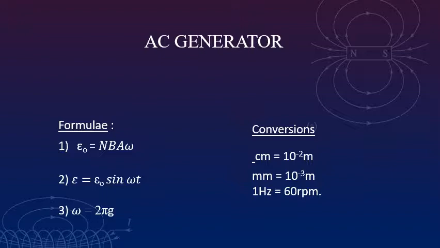Epsilon is equal to epsilon naught sine omega t, and angular frequency omega is equal to 2 pi nu, where nu is the linear frequency.